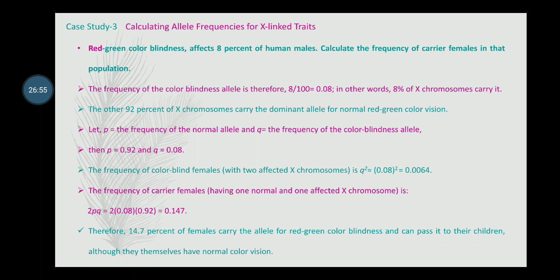Therefore, 14.7% of females will carry the allele for color blindness and can pass it to their children, although they will have normal color vision. So that's how we can calculate allele frequencies and genotypic frequencies in a population by using the Hardy-Weinberg law. That's all for today. Thank you.